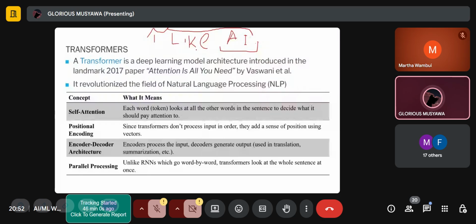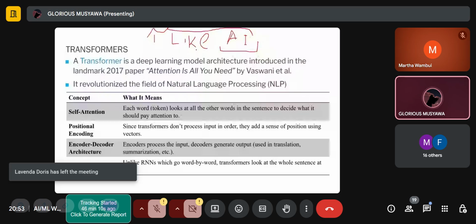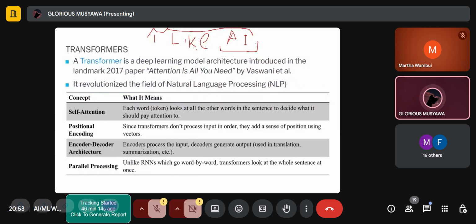Then we have the encoder-decoder architecture. The encoder processes the input, the decoder generates outputs. Right now we have some models which are purely encoders, others purely decoders, others encoder-decoder. So what does that mean? Think of an encoder as a listener.